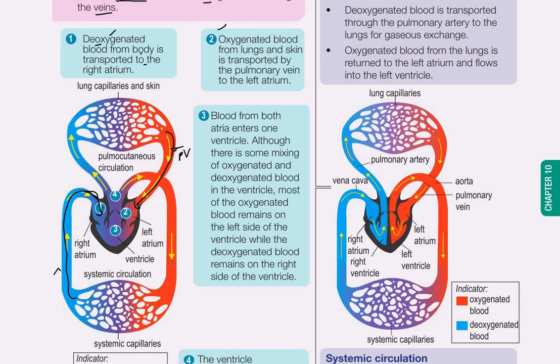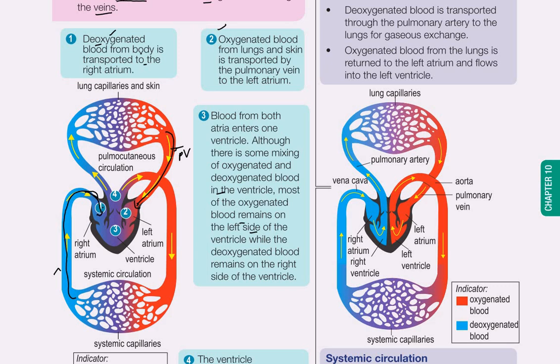Okay, so number 3, blood from both atria enters one ventricle. Although there is some mixing of oxygenated and deoxygenated blood in the ventricle, most of the oxygenated blood remains on the left side of the ventricle, while the deoxygenated blood remains on the right side.